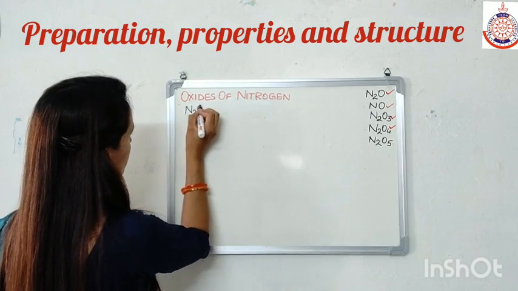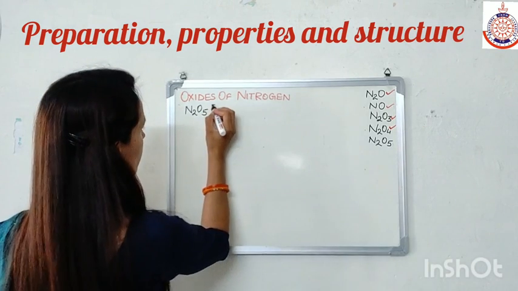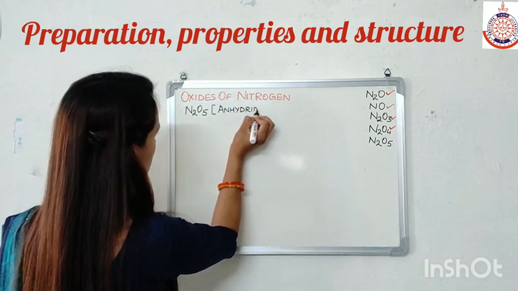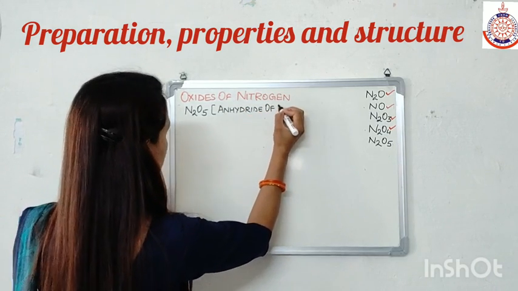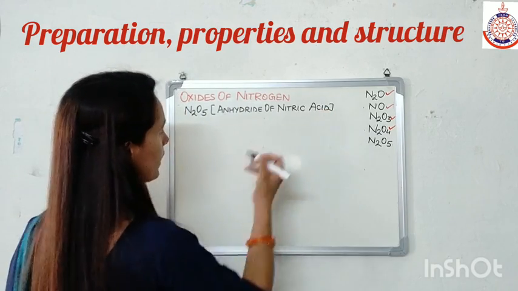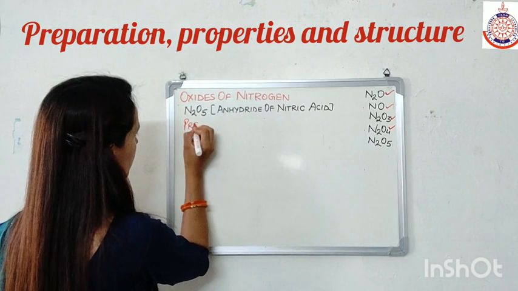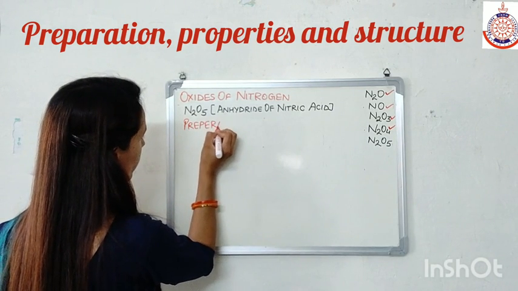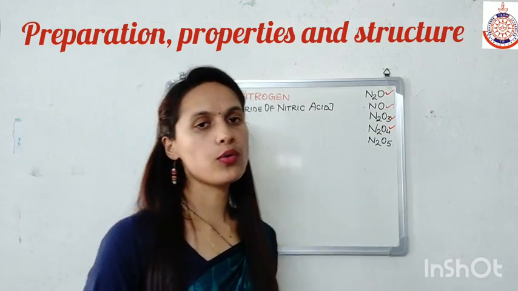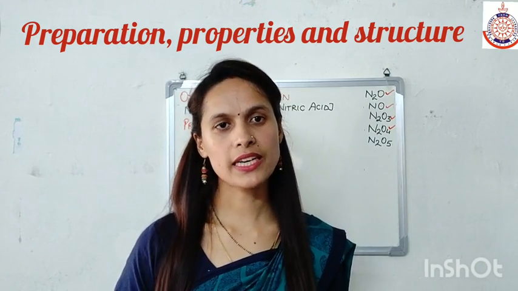Now N2O5 is known as dinitrogen pentaoxide and anhydride of nitric acid. So first of all, we'll talk about the preparation of N2O5. N2O5 can be prepared by using nitric acid.